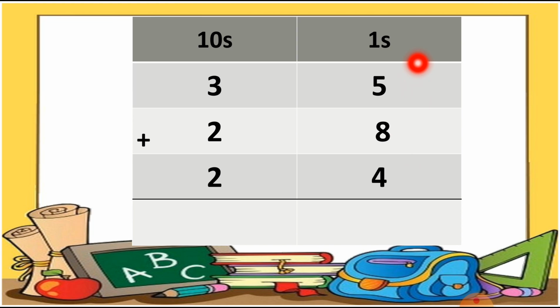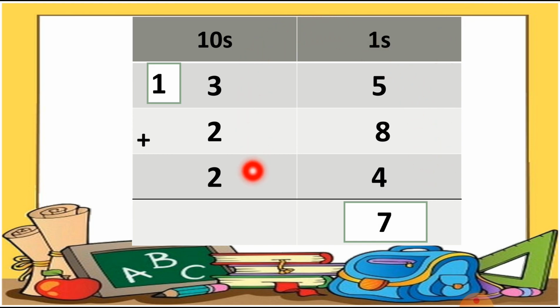So we have to add these three numbers together at the ones column, and the total is 17. In this number 17, we have to write down the last digit, which is 7. So I write number 7 here and put 1 as a carry forwarded number at the tens column. Now the ones column is complete.